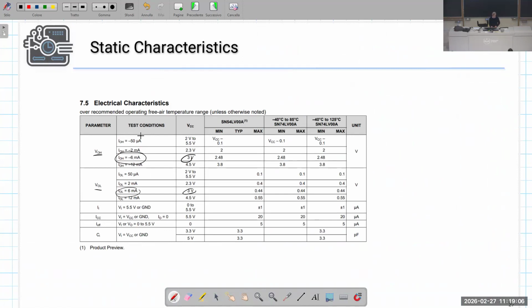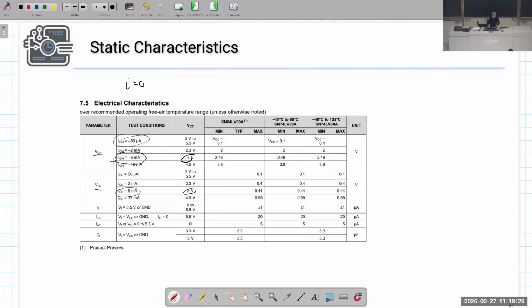So if I want to consider a condition with an output current of 50 microamps, I should take this row of the table. But if I assume that I is equal to 0, basically the output voltage at the high level is the supply voltage.